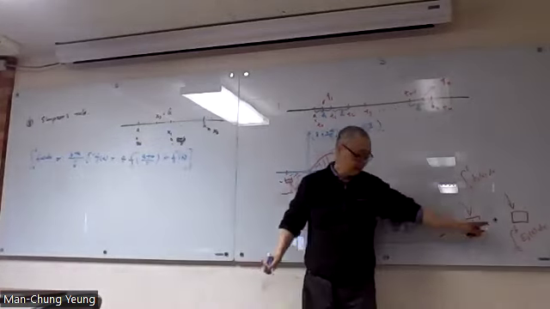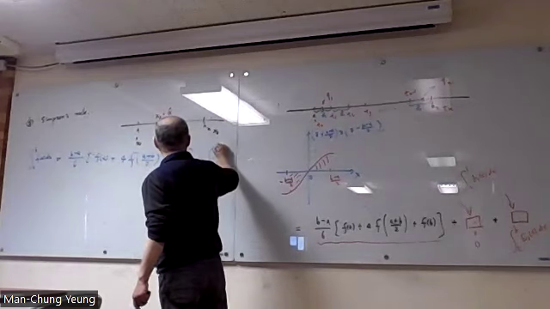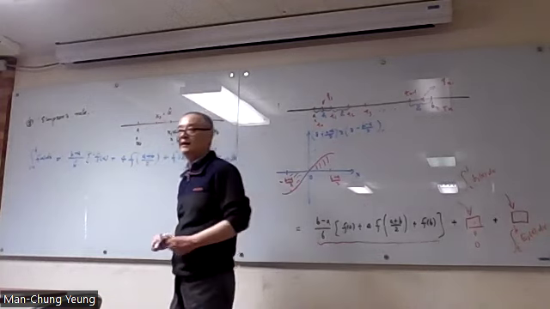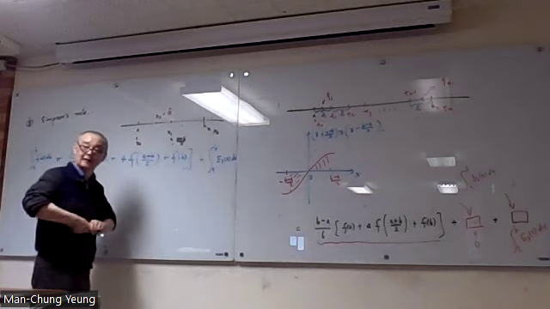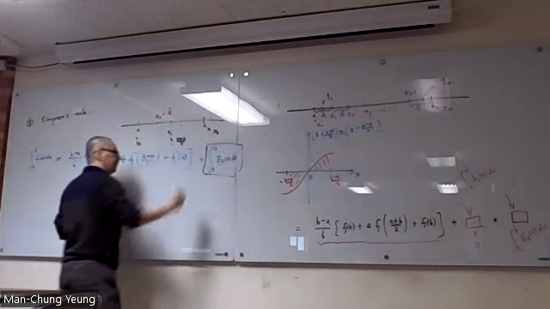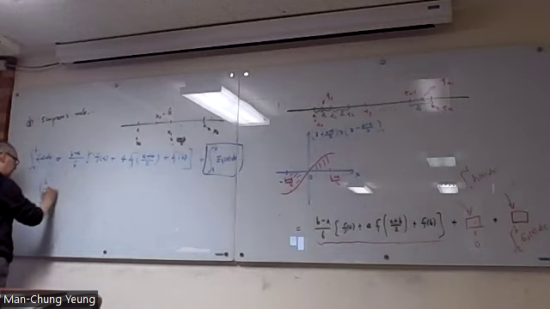This term is 0, then plus the integral from a to b of the error. Next, I compute the integral of the error. Now let me complete this and compute the integral of the error.